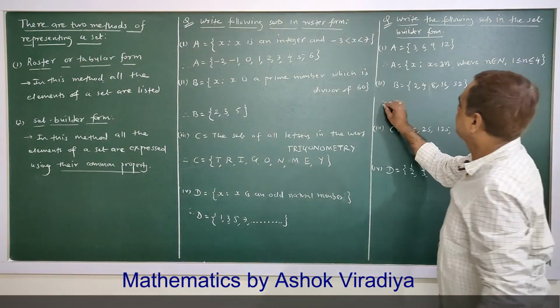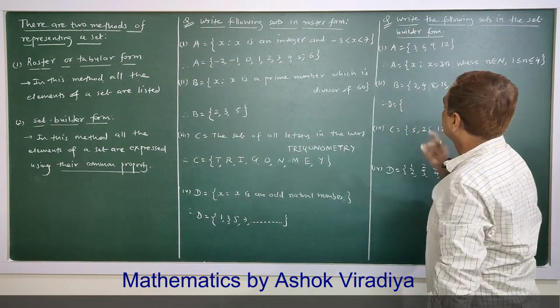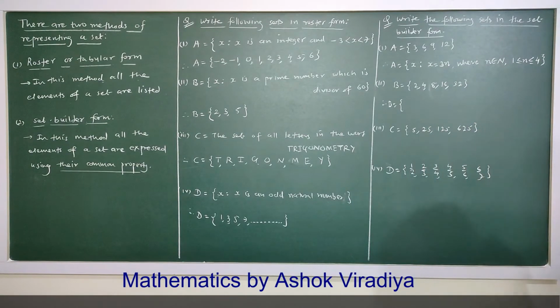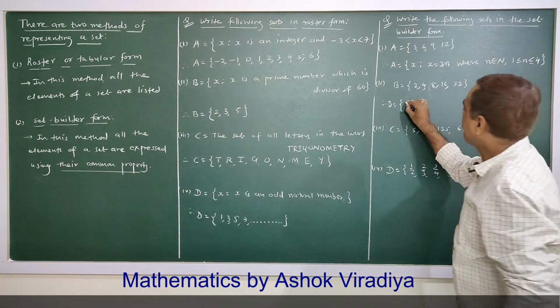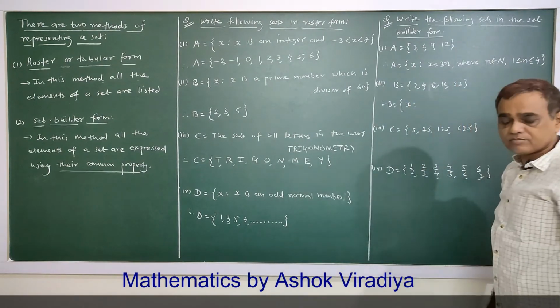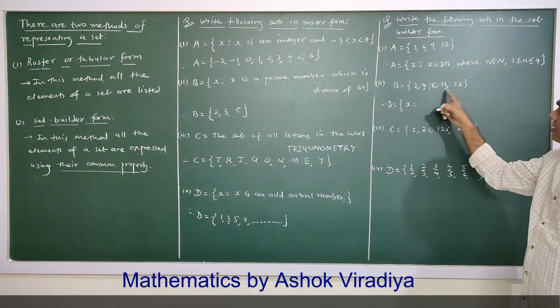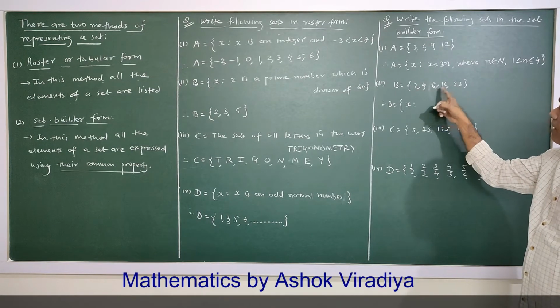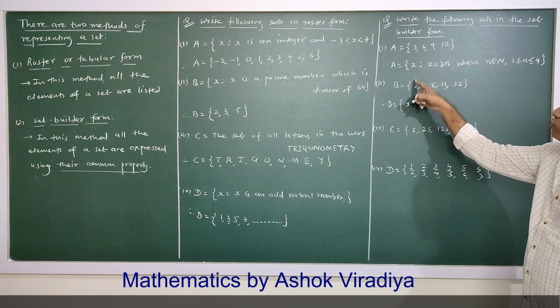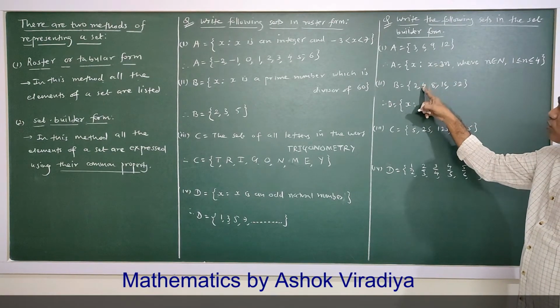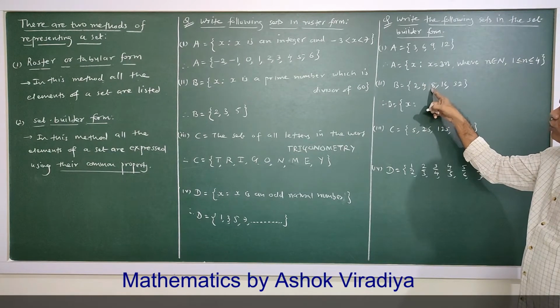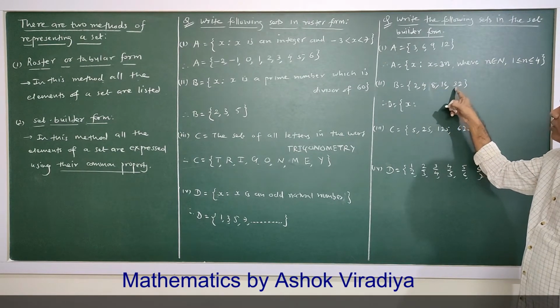Similarly here, we put a property for this set. B is the set of all X such that... Now observe these numbers. These are powers of 2. 2 raised to 1, 2 squared, 2 cubed, 2 raised to 4, 2 raised to 5.